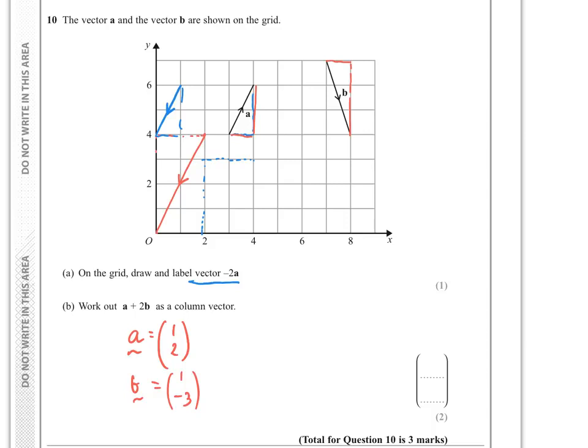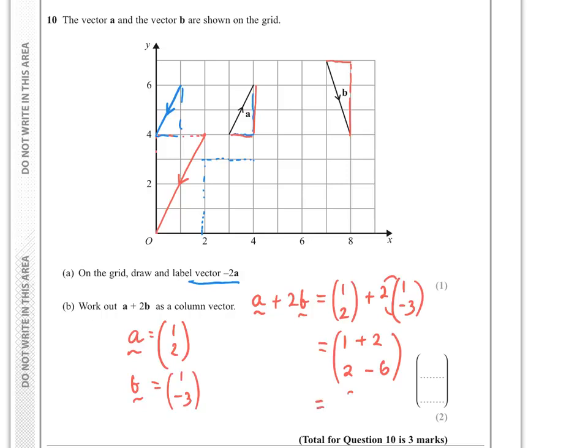So a plus 2b would be the same as writing a plus a scalar multiple, 2 in this case, of b, which is 1 plus 2 and then 2 minus 6, because it's just like multiplying these out and then doing the x and the y components separately. So we'd have 1 plus 2 is 3, and 2 minus 6 is negative 4, and that would be our answer.